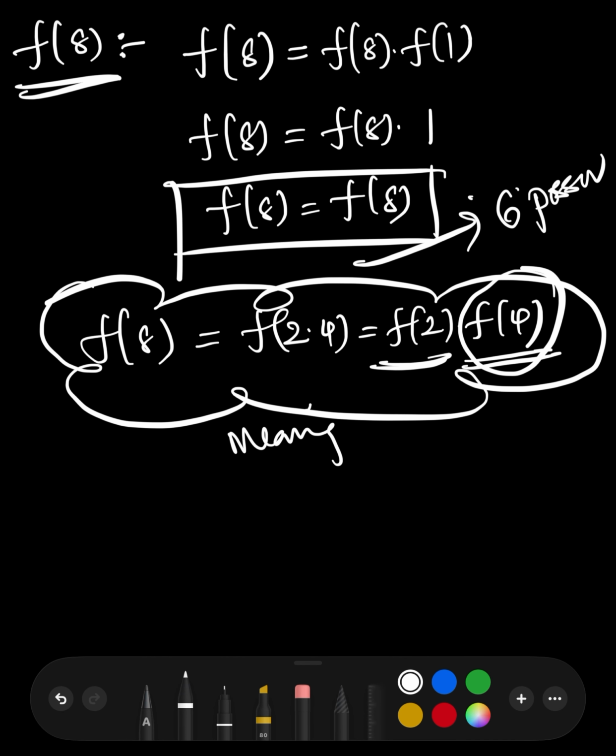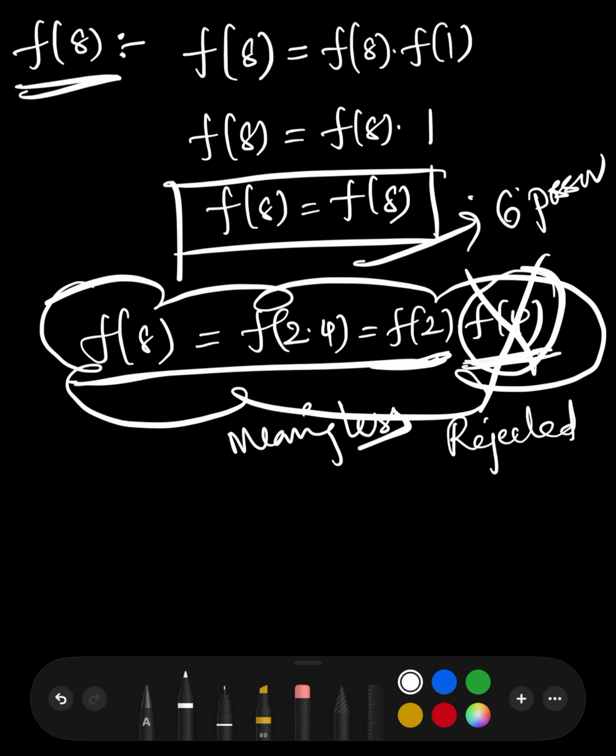We can write f of 8 clearly as f of 2 into 4, and f of 2 into f of 4. There is no problem up to this condition. But f of 2 has the image, but f of 4 doesn't contain any image because 4 is not there in the domain itself. So because of this f of 4, this case should be directly rejected.